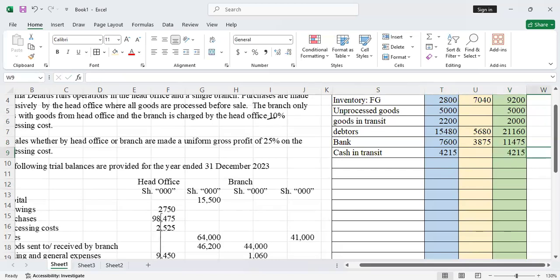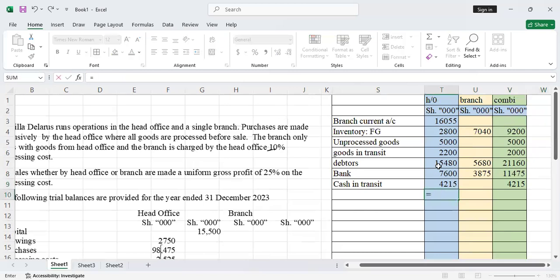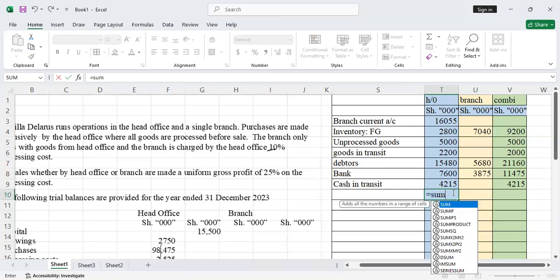Now we can obtain summations up to this point. Can you obtain the sum before I do it for you? For each column, head office, branch, and combined.